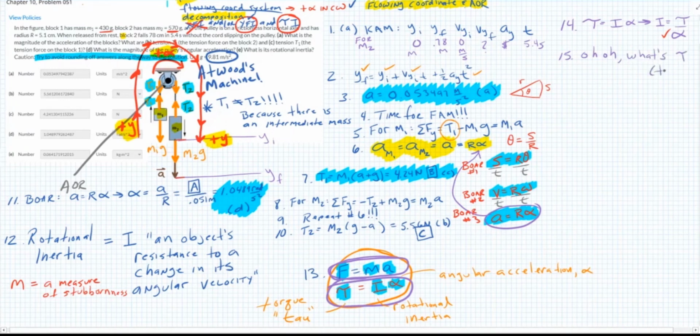Tau. Tau stands for torque. Okay. So 16. T, once again, for the umpteenth time, stands for torque, is force times lever arm. Force times lever arm.